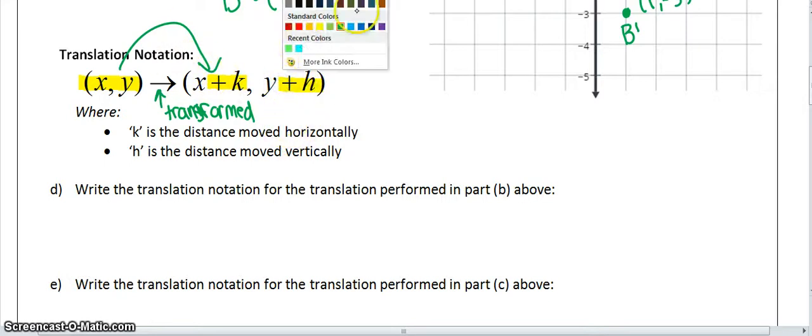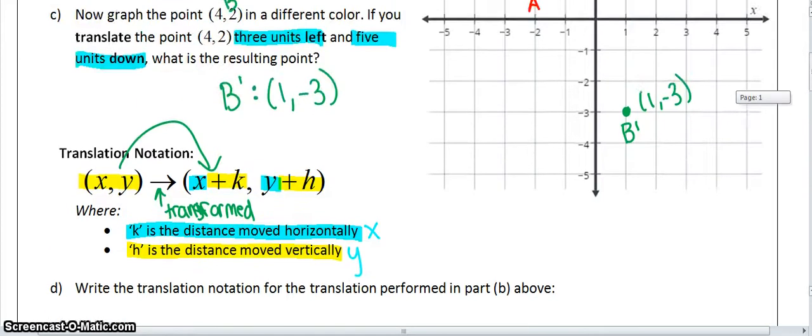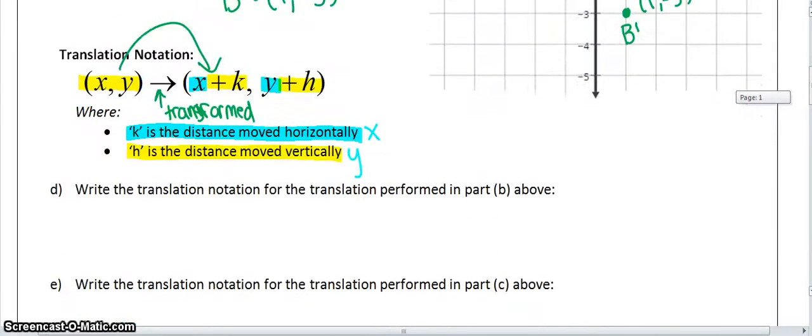That's why it says x plus k, because you've added something to the x, and it's y plus h because you're adding something to the y. Where k is the distance you're moving horizontally because it's attached to the x, and x is horizontal. And our h number there is the distance you're moving vertically, which is our y distance, which is why it's attached to the y.